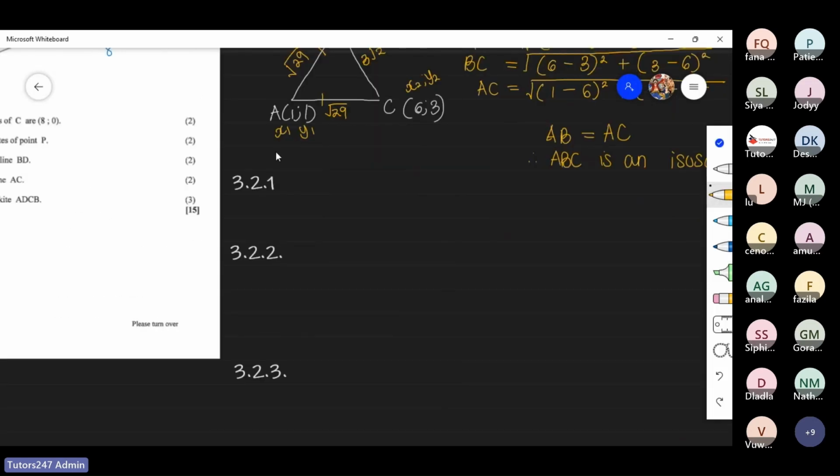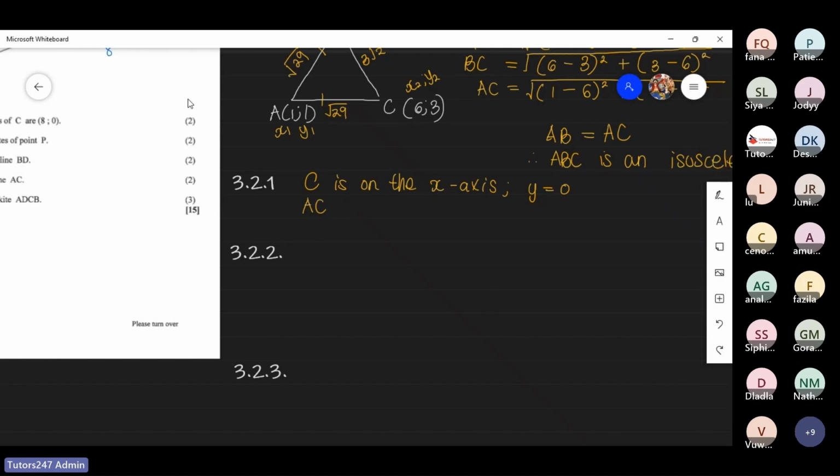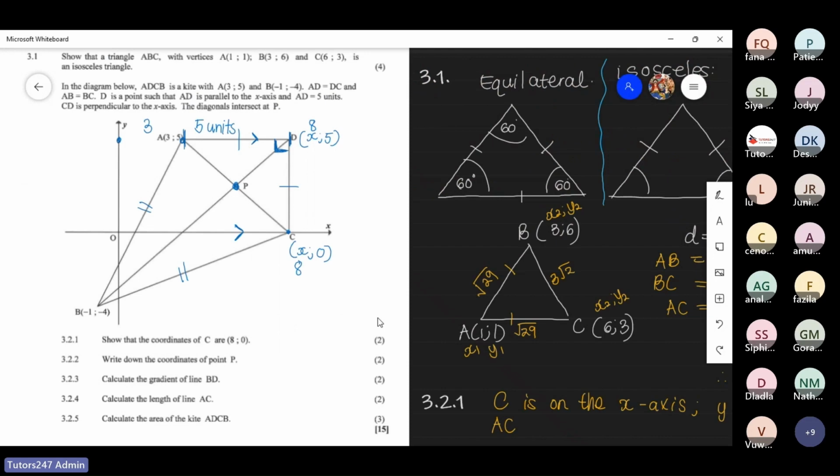So we know that C is on the x-axis, therefore the y value is 0. We then know that AD, let's just have a look, I think it was AD, not AC, yep, it was AD.